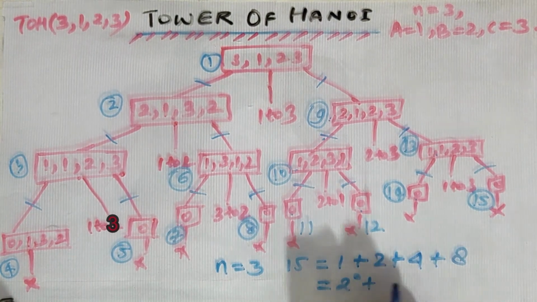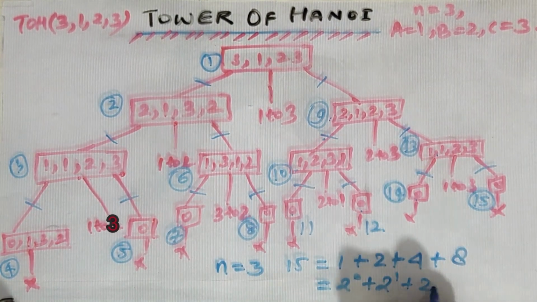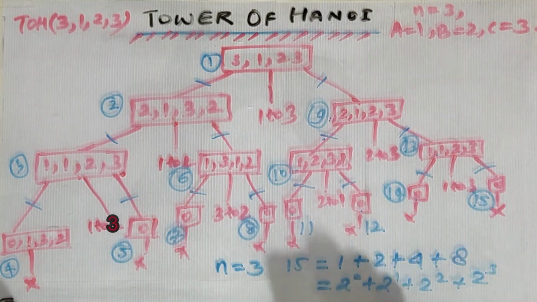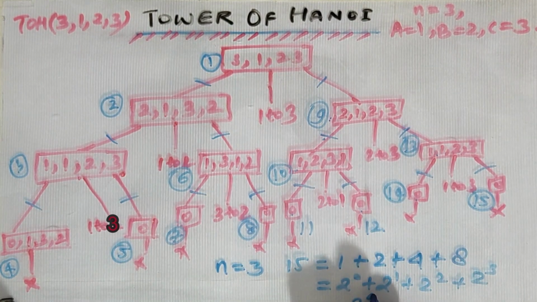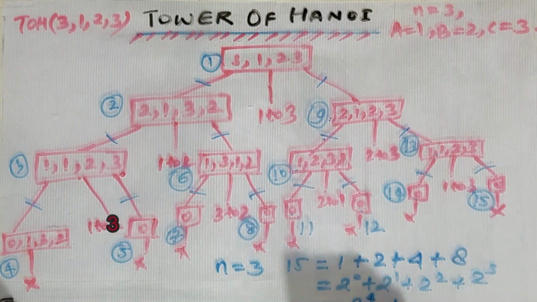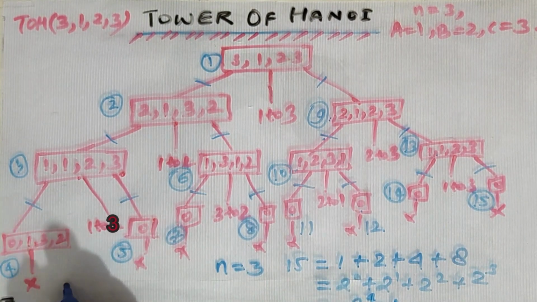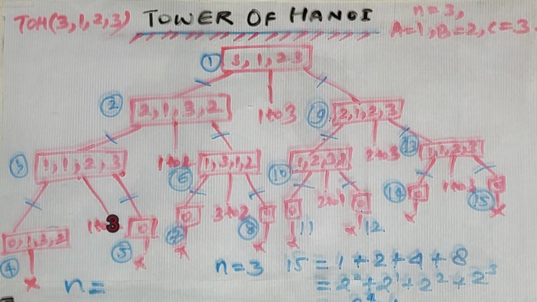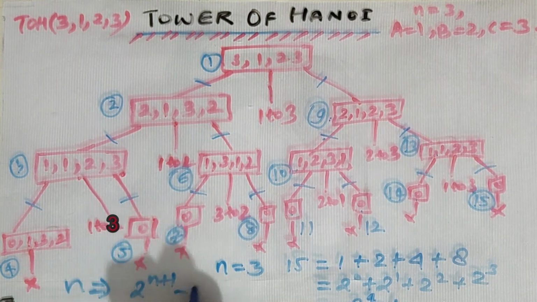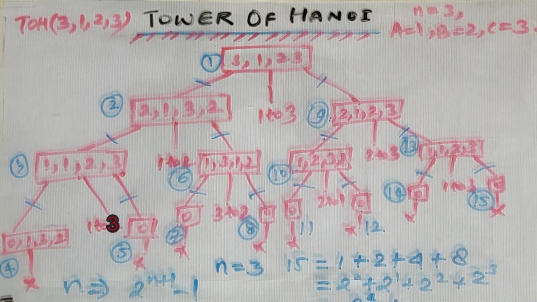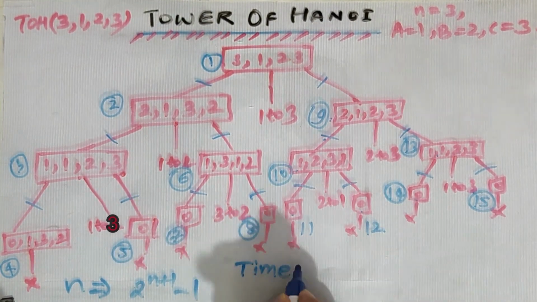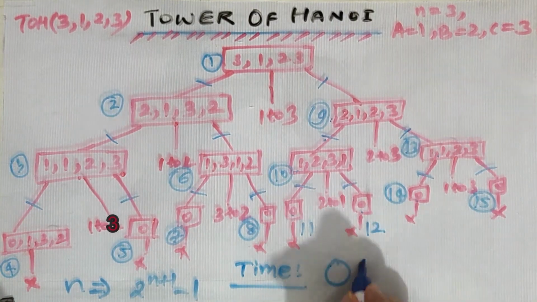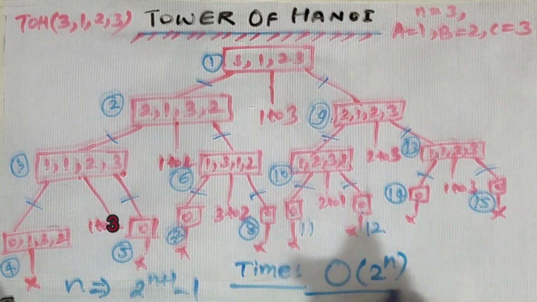It is basically a GP, 2 raised to power 3, and its sum is 2 raised to power 4 minus 1. So for n, we will have 2 raised to power n plus 1 minus 1. Hence the time complexity of this problem is big O of 2 raised to power n.